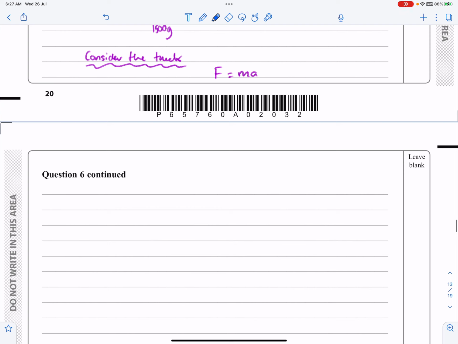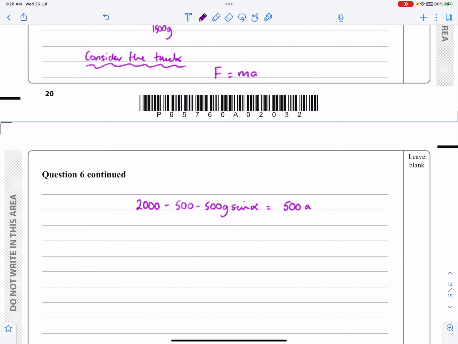So when I'm doing it, 2000 minus the 500 minus the 500g sine alpha, all of that is going to be equal to mass times acceleration, which obviously is 500 times acceleration.